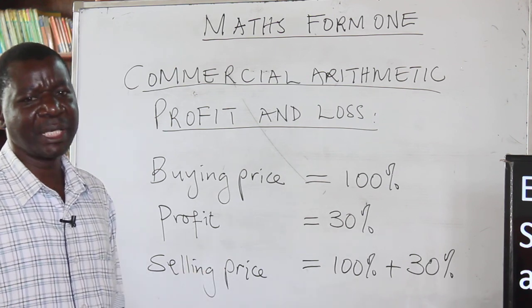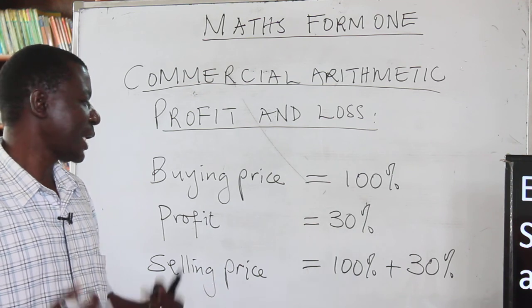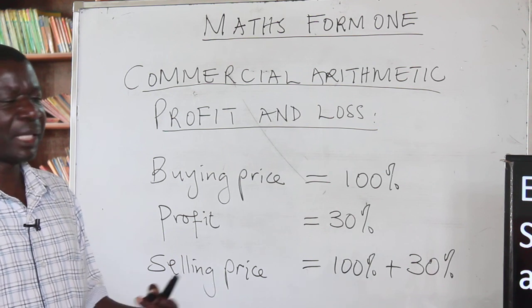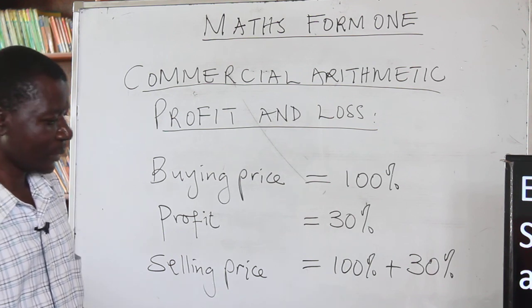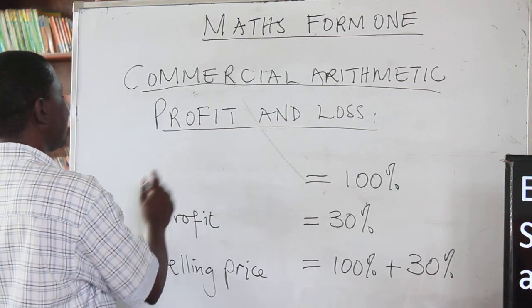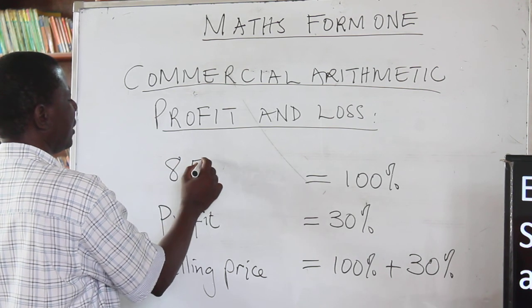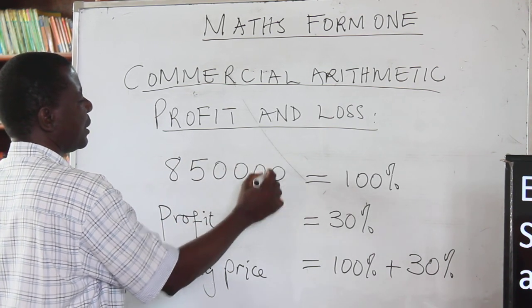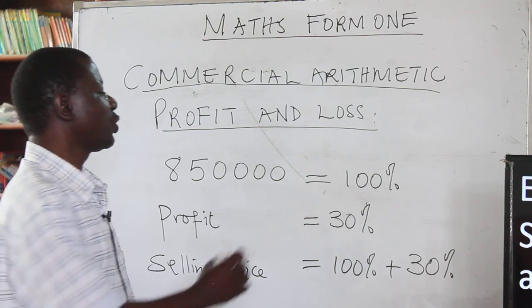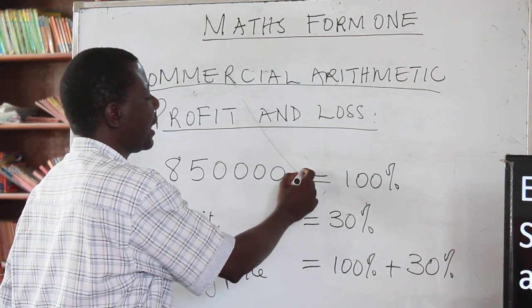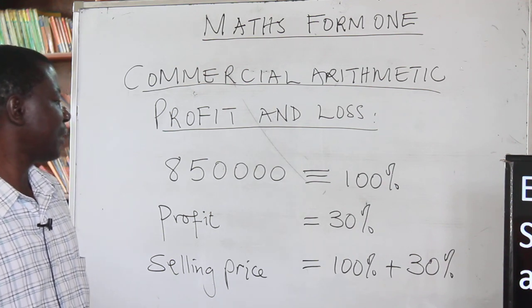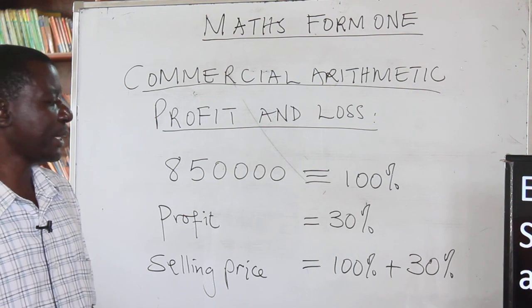Now, this buying price of 850,000 is equivalent to 100%.